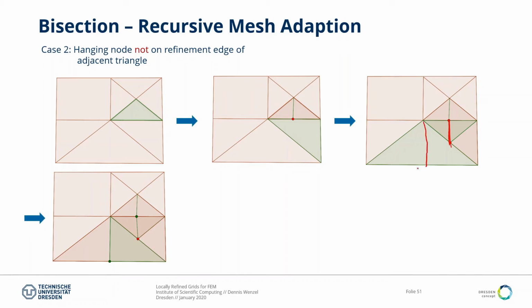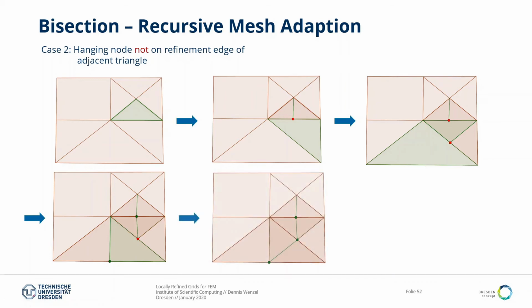The left side of this is perfectly fine because it doesn't have any hanging nodes. But here in the middle, you still have one. But now that's the same situation as before. It's on the refinement edge, and you can do the cutting that you wanted to do. So I'm now cutting this way. And then we are completely golden, because now we don't have any hanging nodes anymore. And what's also very important, we have not ruined the shape regularity of those triangles, because they are all still in the same shape as they were before, just smaller.